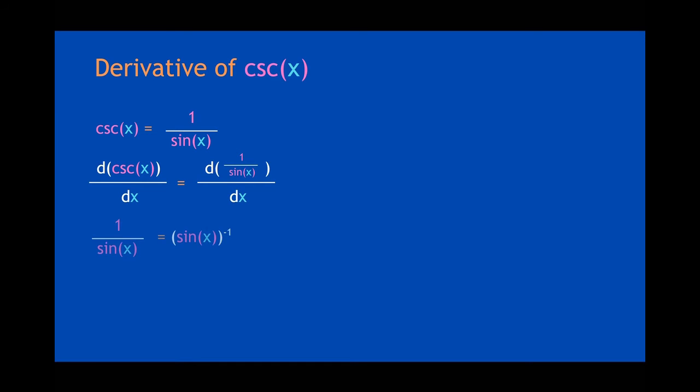Again, we'll rewrite 1 over the sine of x as the sine of x raised to the negative 1 power, and now we can take our derivative a little more comfortably. So the derivative of the sine of x raised to the negative 1 power is equal to negative 1 times the sine of x raised to the negative 2 power, and then times the cosine of x.